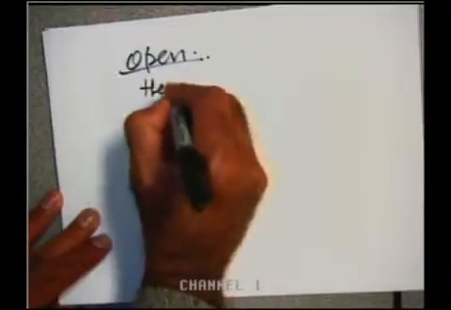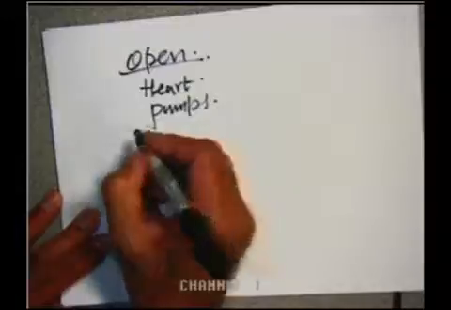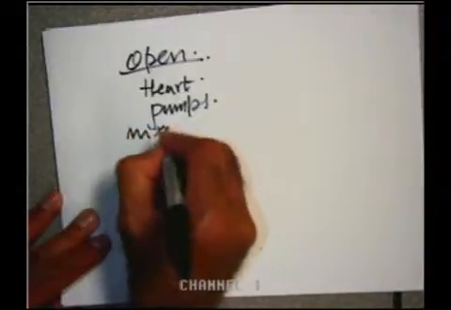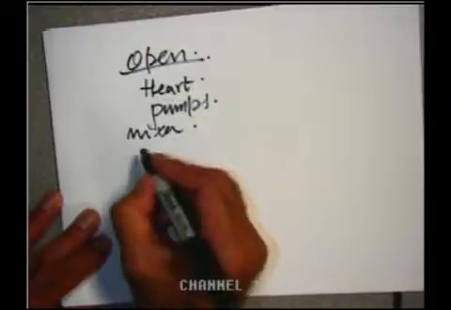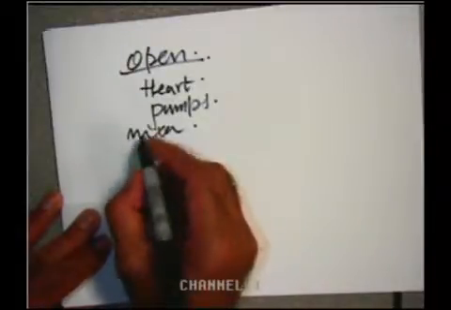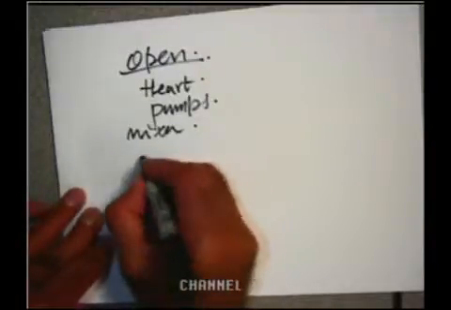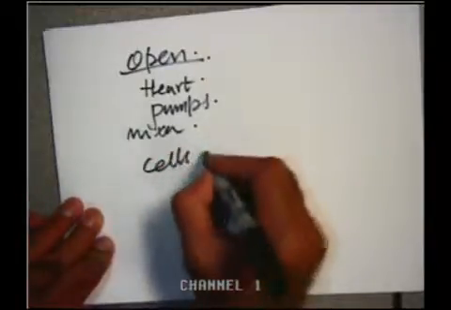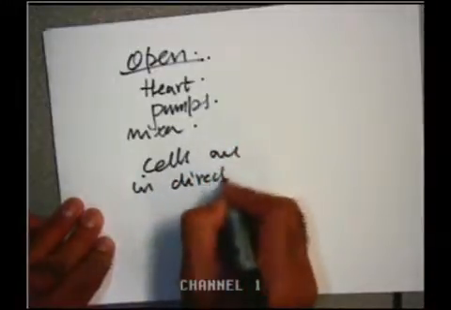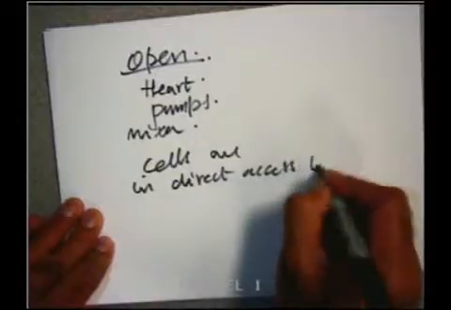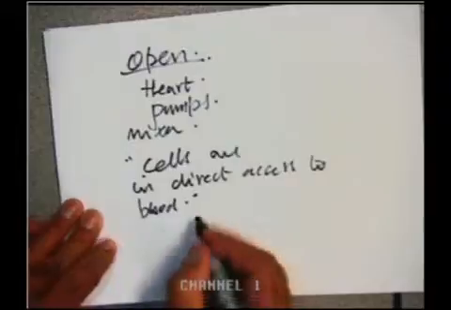Otherwise we call it open heart, or pumps, like a mixture in the pump. Cells have access to blood, completely without any blood vessels. The cells are bathing in blood, in direct access to blood. This occurs in crustacea.